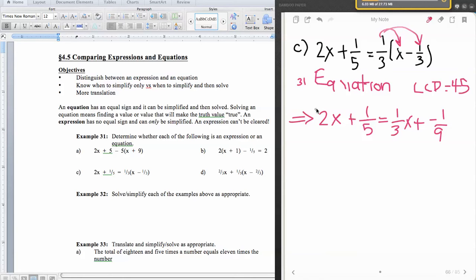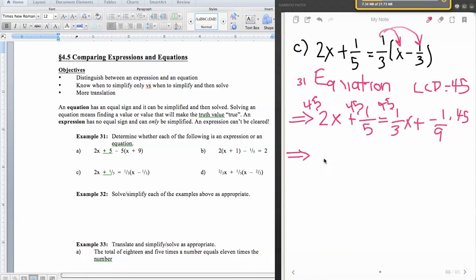The LCD turns out to be 3 squared times 5, in other words, 45. So we multiply every single term by that LCD 45, and we're doing it symbolically first, then we'll cancel, then we'll multiply it out. And it doesn't matter which side we multiply on, multiplication is commutative.